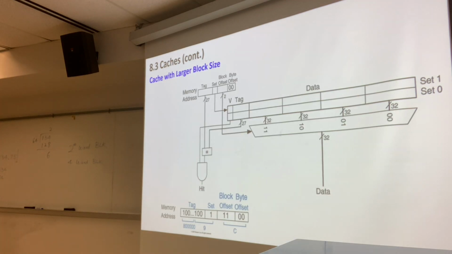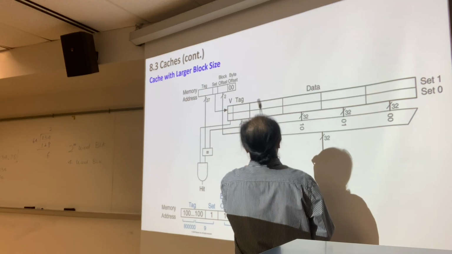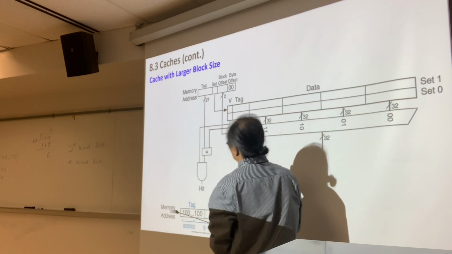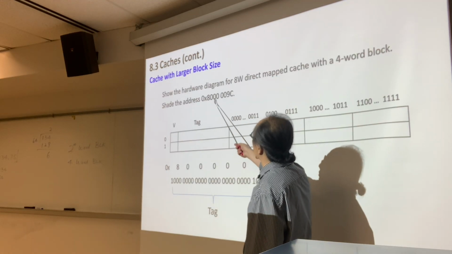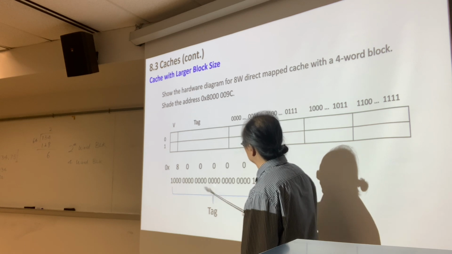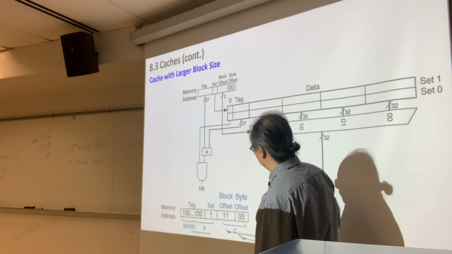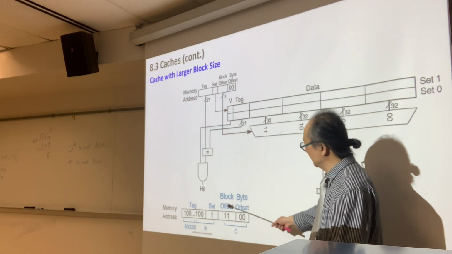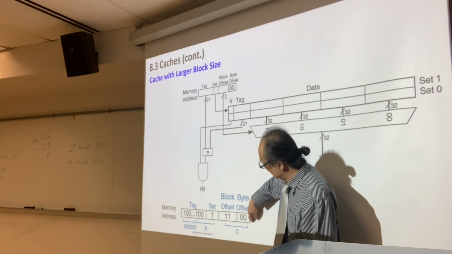There are 2 blocks with valid bit, tag, and data, index 0, 1. The memory address is 8000009C. The tag value is 8000009, and the last one is C. And for the offset, we don't want to have this line. This offset is all 4 bits.